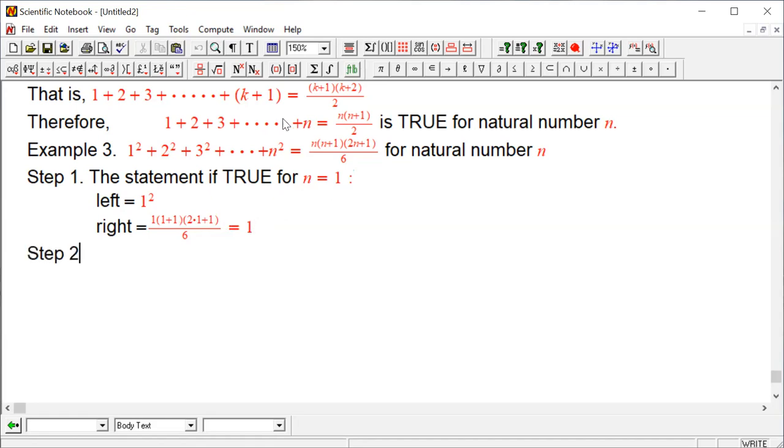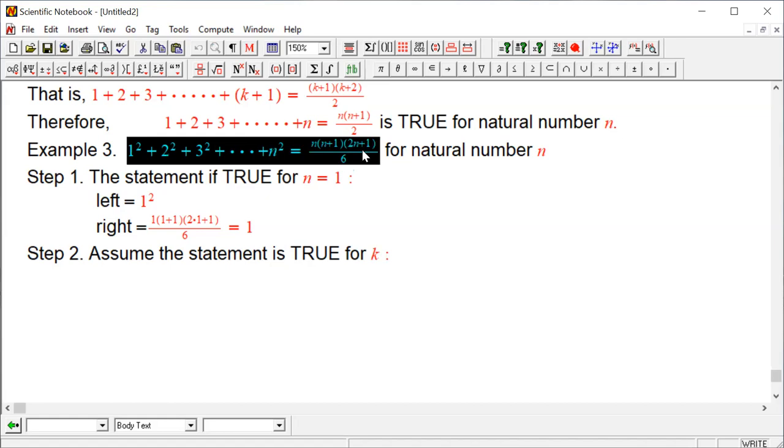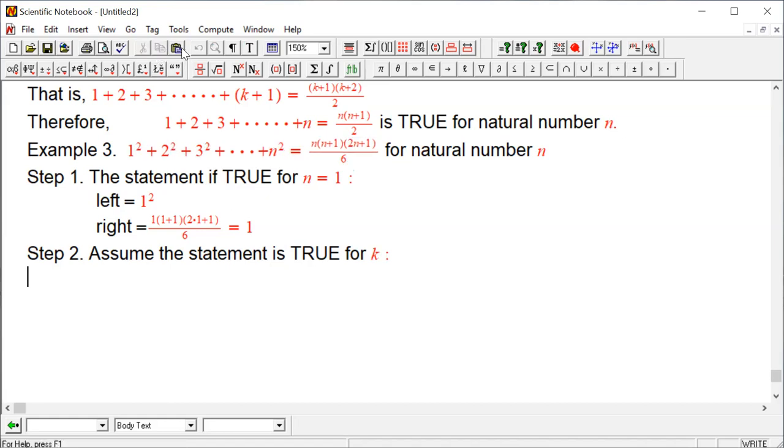Step 2: assume the statement is true for k. Which means that this statement is going to be true for k when n is substituted by k. That's true for k.